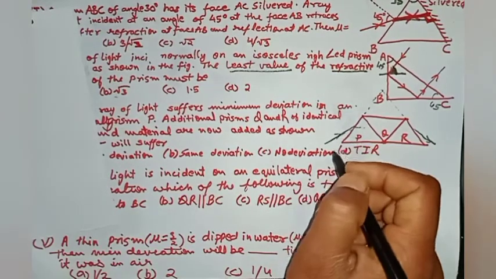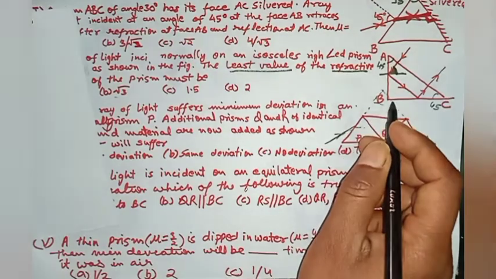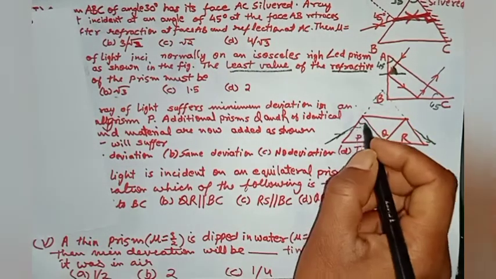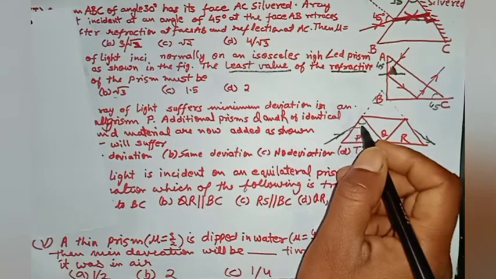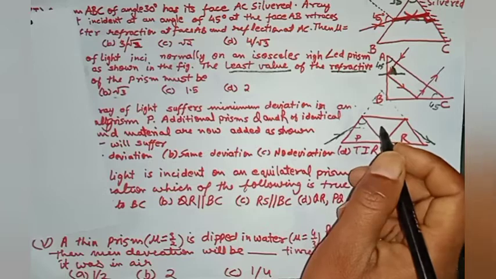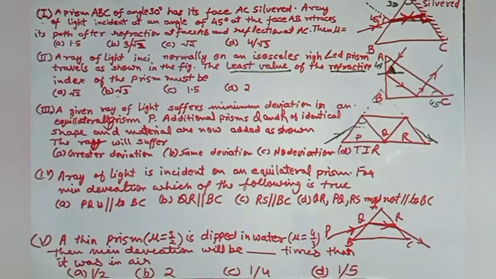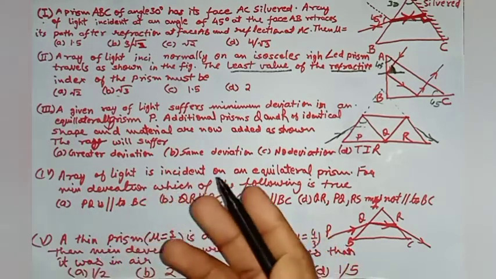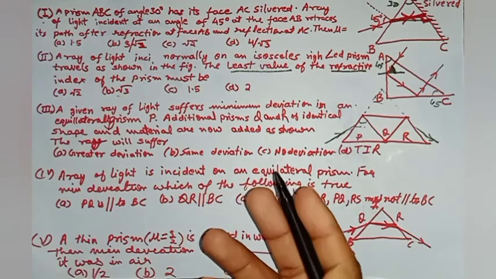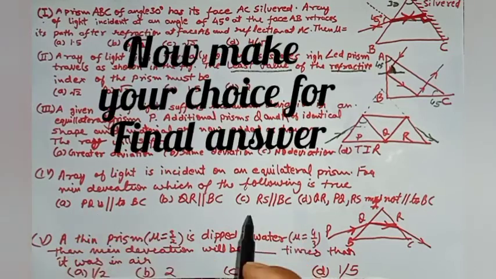Now remember, because the angle of vertex or angle of prism is the same as this one, and the material is the same, so now decide, will there be any other deviation, or will it be the same? I'm not telling you the correct answer. Here it is. It is just a fact-based question.